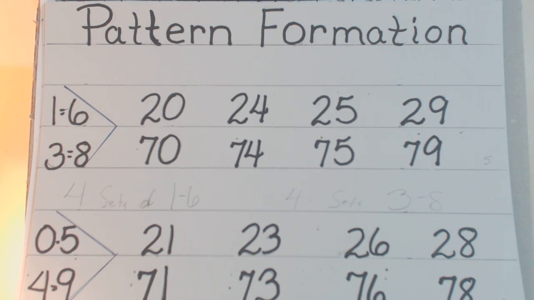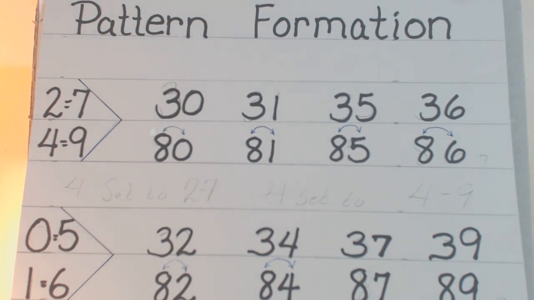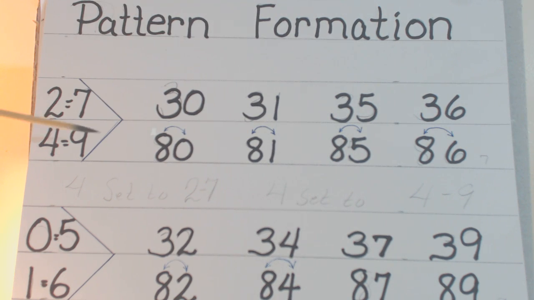The 0 and the 5 and the 4 and the 9. Give you a minute to jot those down. Pattern formation, and this is the 7th group and the 8th group. The 2 and the 7, the 4 and the 9, and these are the numbers that came up with these two numbers in a group.